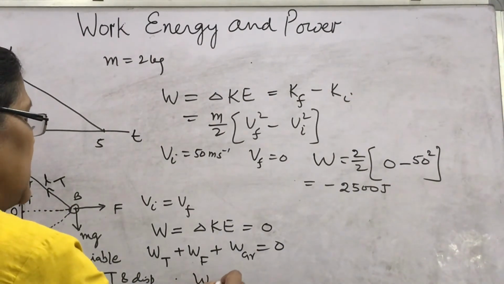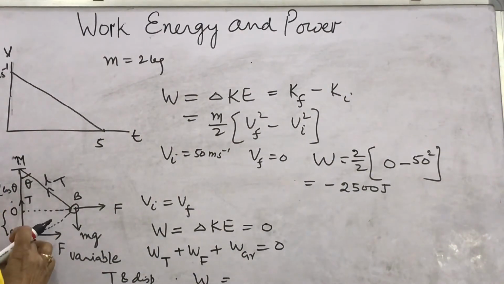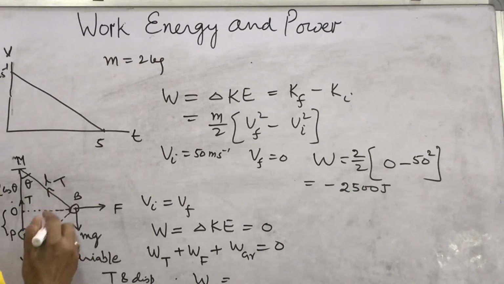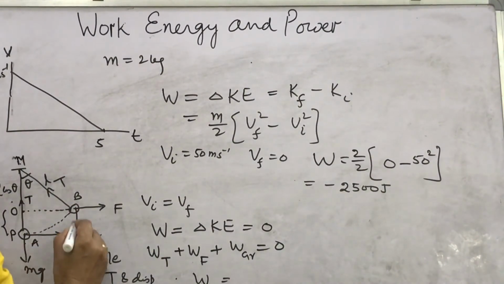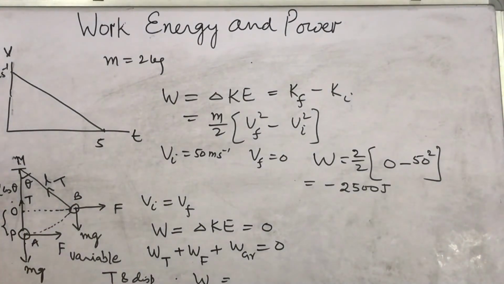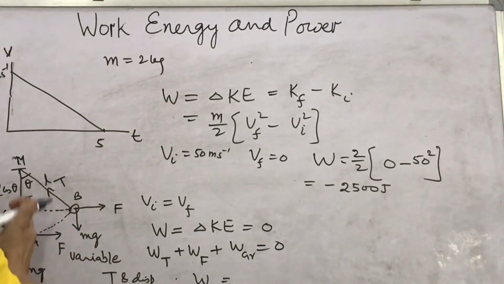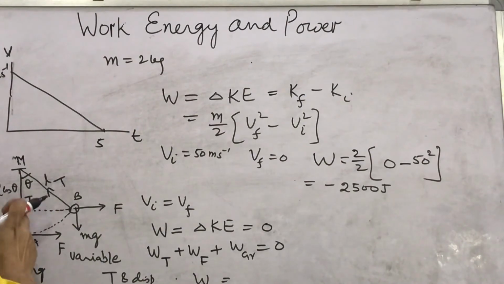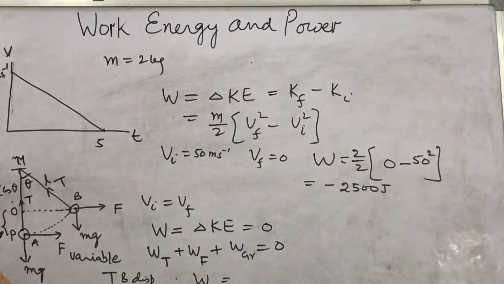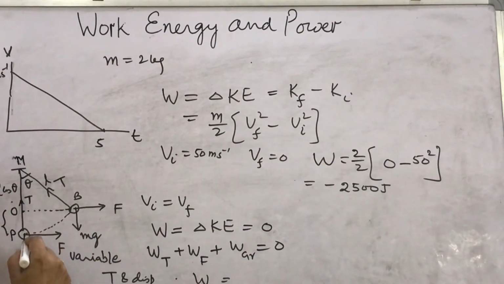Therefore W gravitational will be mg vertically downward and displacement is this OP, the vertical displacement. Either you go from this path to this or you can directly go from A to B. Work done by gravitational force, which is conservative, will be force into vertical displacement, mg into this vertical displacement. How much is this OP? Because from this to this line work done will be 0, as mg and this displacement are perpendicular.